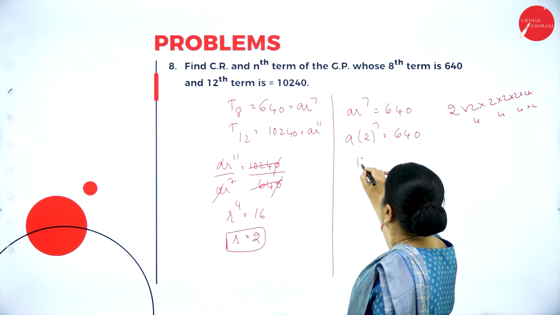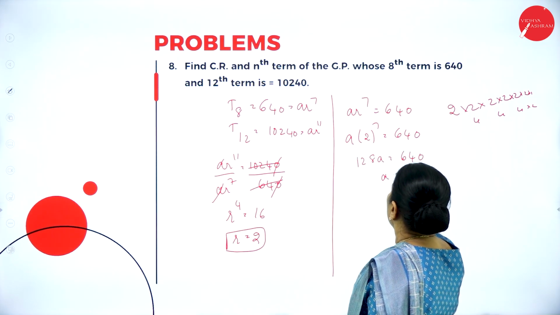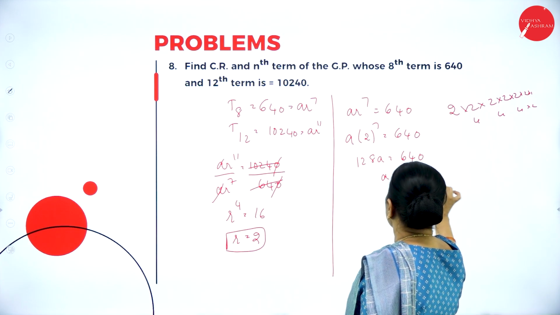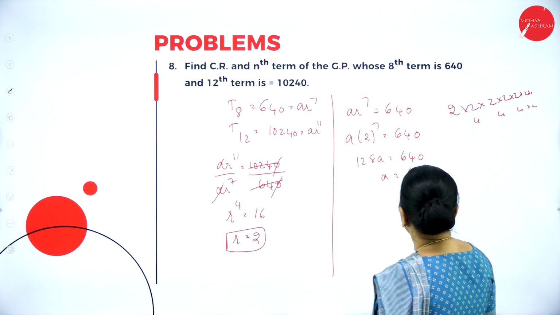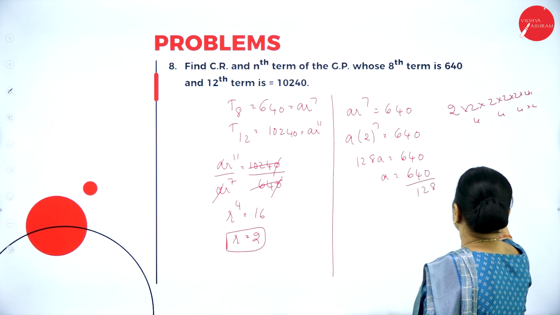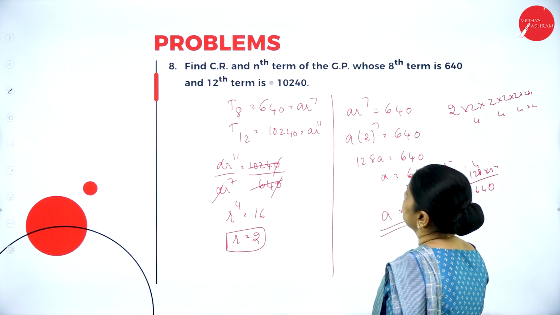So 128A equals 640 or A equals 640 by 128. When we simplify this, A is equal to 5.